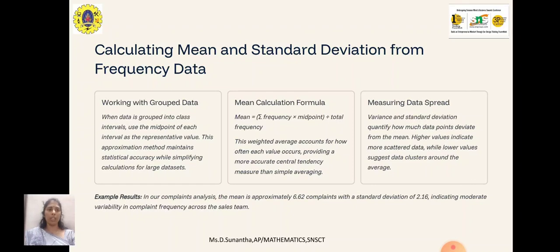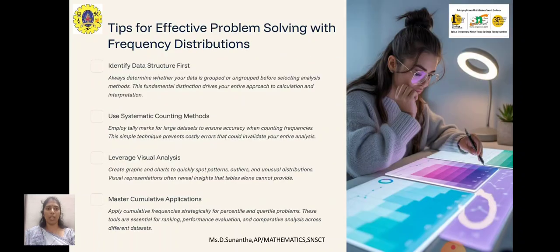Next is the mean calculation formula. Here the mean is the sum of frequency times midpoint, divided by total frequency. Next is measuring data spread. Variance and standard deviation quantify how much data points deviate from the mean. Higher values indicate more scattered data, while lower values suggest data clusters around the average. For example, in a complaint analysis, the mean is approximately 6.62 complaints with a standard deviation of 2.6, indicating moderate variability in complaint frequency across the sales team.